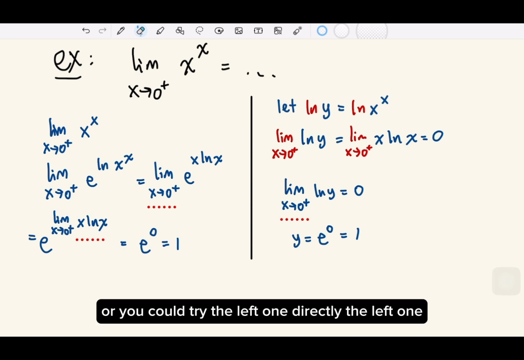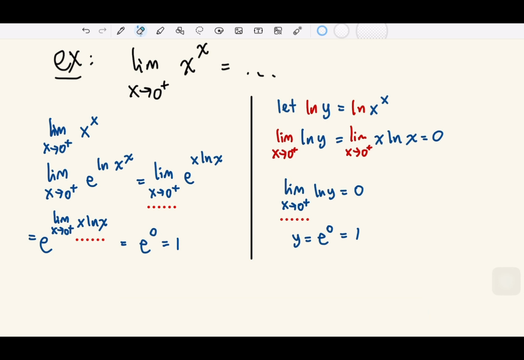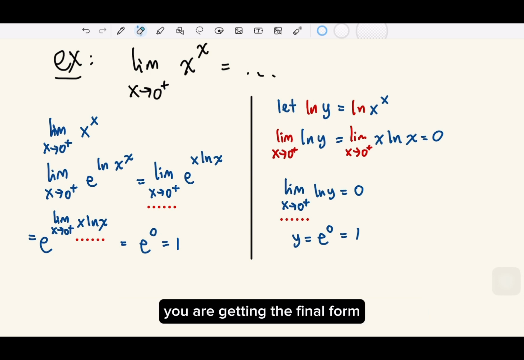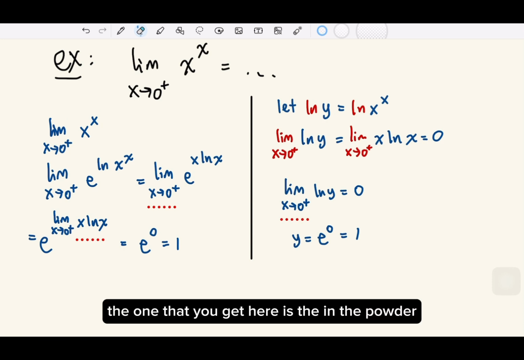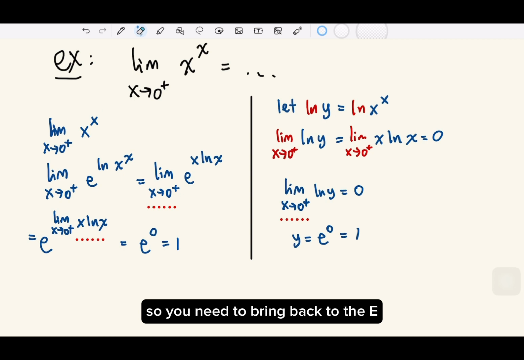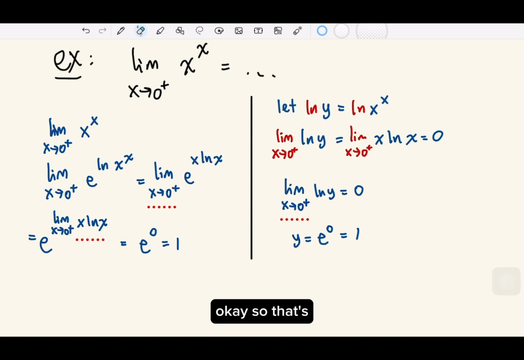Or you could try the left one directly. So basically, you are getting the final form, which is e with power of this, which is e with power of 0, which is 1. If you try this, the one that you get here is in the power. So you need to bring it back to the e. Okay? So that's the example.